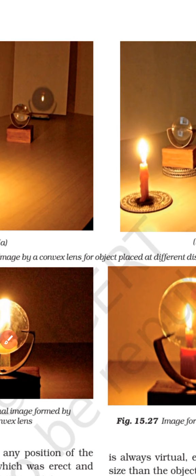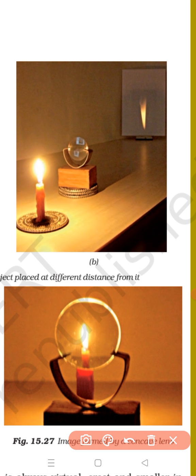If you bring the object closer to the lens, but not too close, then what will happen? You will get a real image again. Wait, I'll not write real image first.